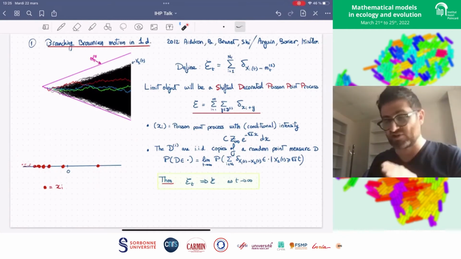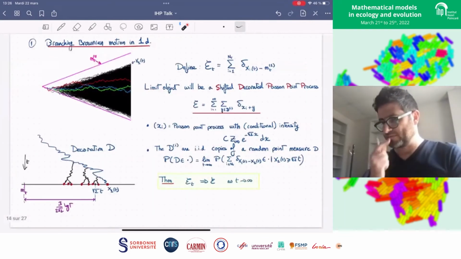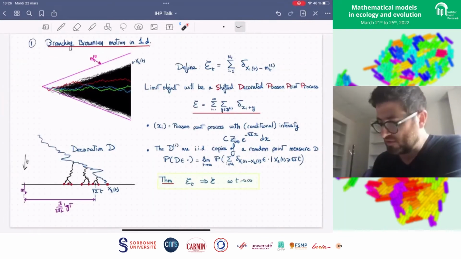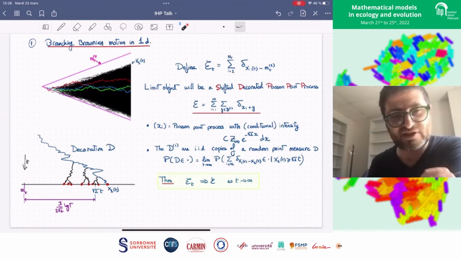Now, I'm going to decorate those atoms. The way I decorate is I need an auxiliary, or decoration, point measure, which is the following. You take a BBM and you condition it to have a large displacement event.